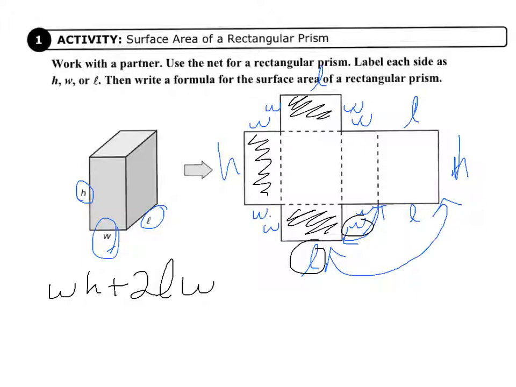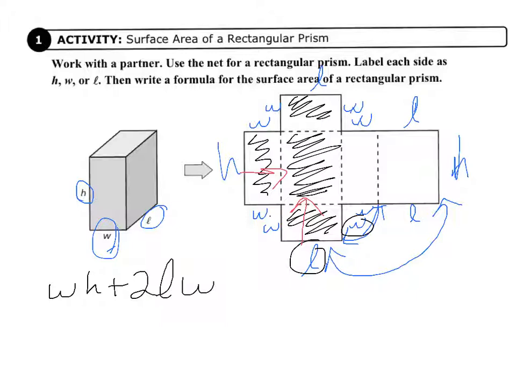And then if we keep moving down the net, we can see that the next rectangle we're dealing with is this one on the inside, this big one. And it has an area of the length, which comes in from here. You can see that L matches up to that side, and the height. So it's length times height.